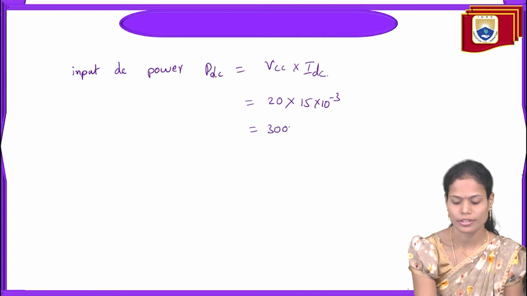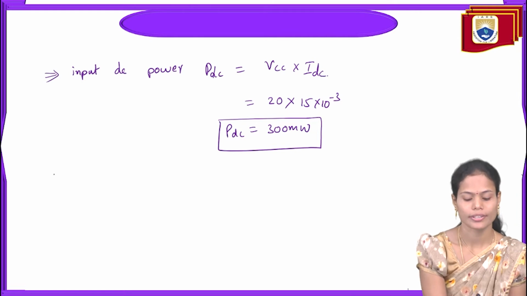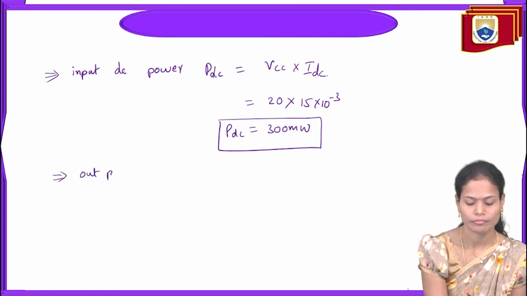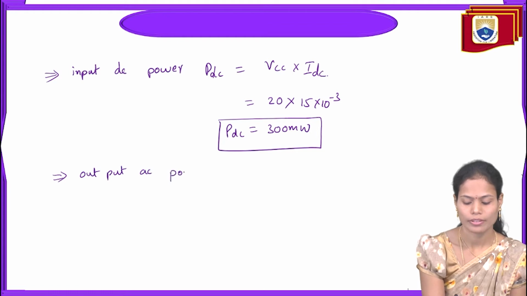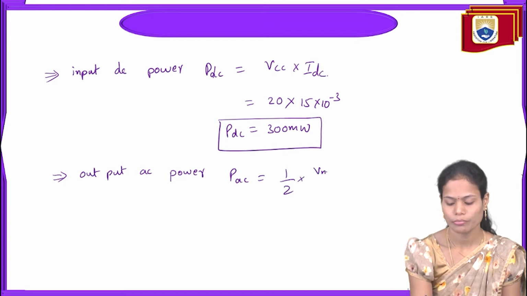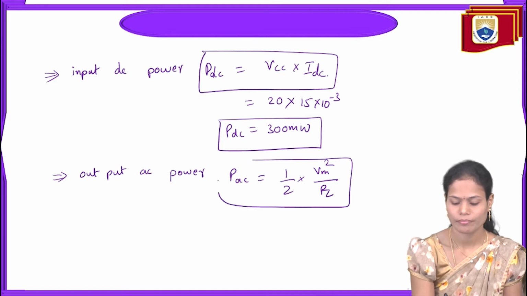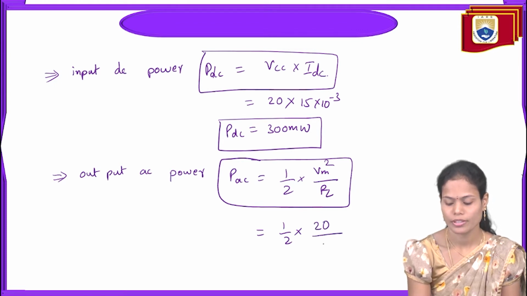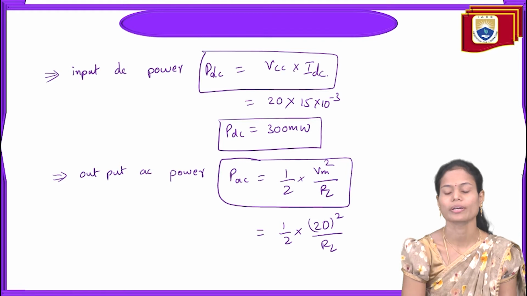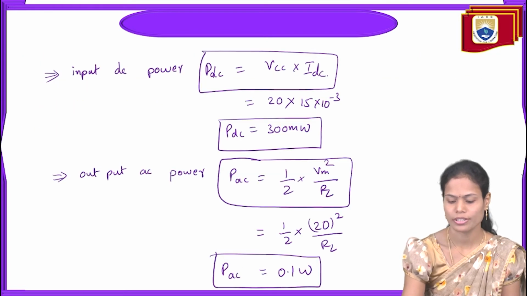So it is 300 milliwatts of power we are getting here. And then next we need to calculate the output AC power. Output AC power PAC is again 1 by 2 into Vm square by RL. And here Vm is 20 volts, divided by RL, volts square. So if we simplify it, we will get 0.1 watts. The AC power is 0.1 watts we are getting here.